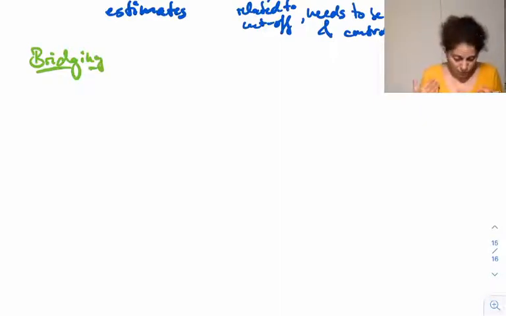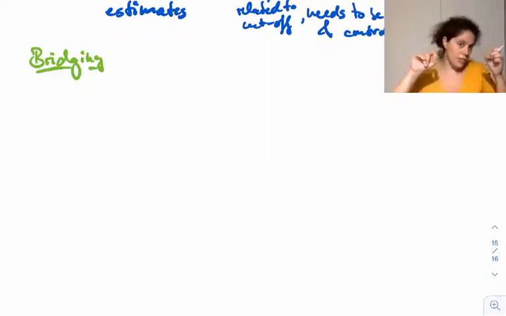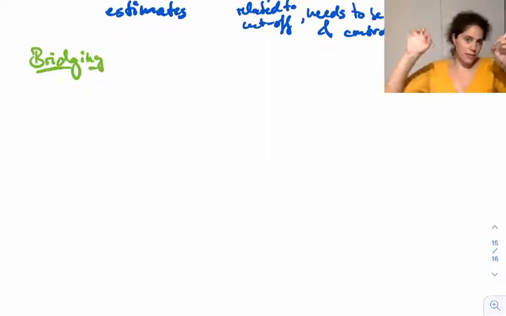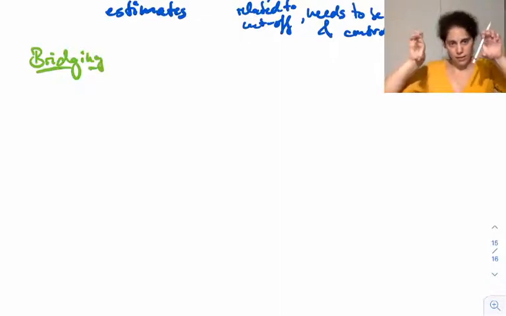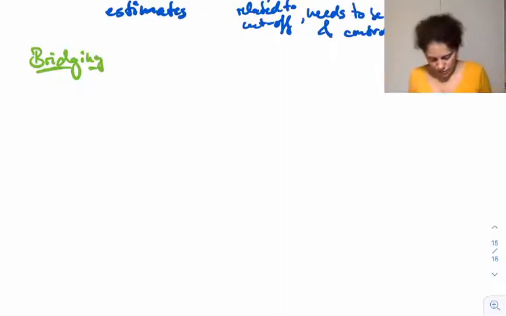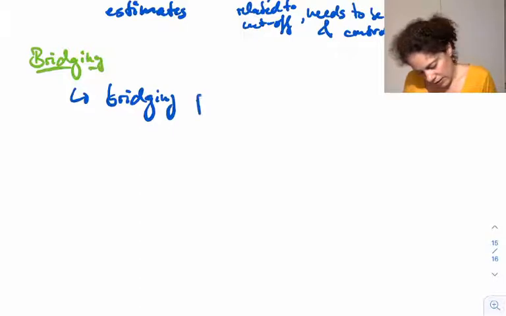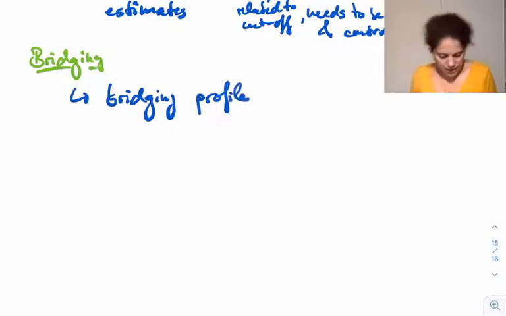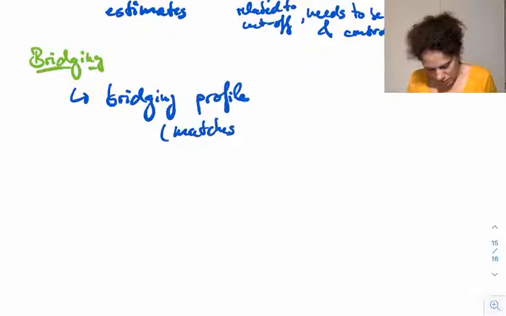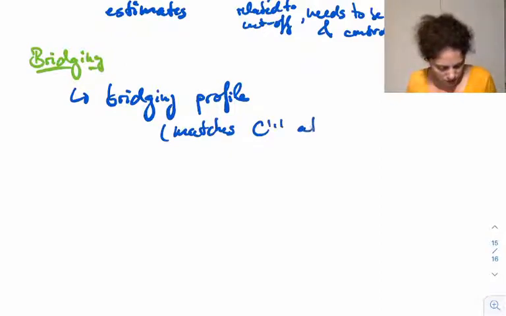And so for that, we first need some idea how to bridge it per se. Say we get C^{1,1} regularity at both ends of the bridging region. So this is called a bridging profile. This is a guess, so it matches C^{1,1} at the boundaries.